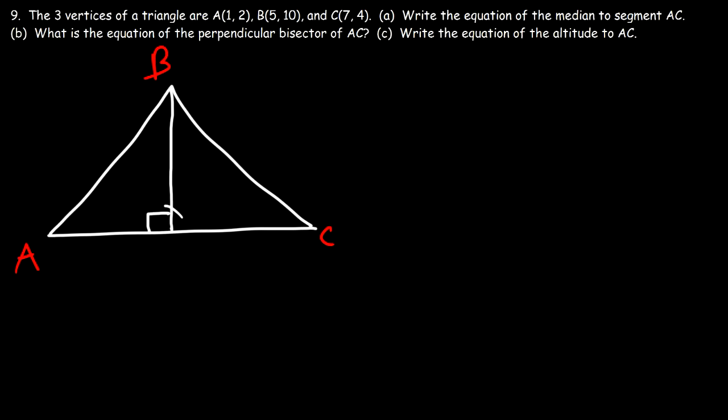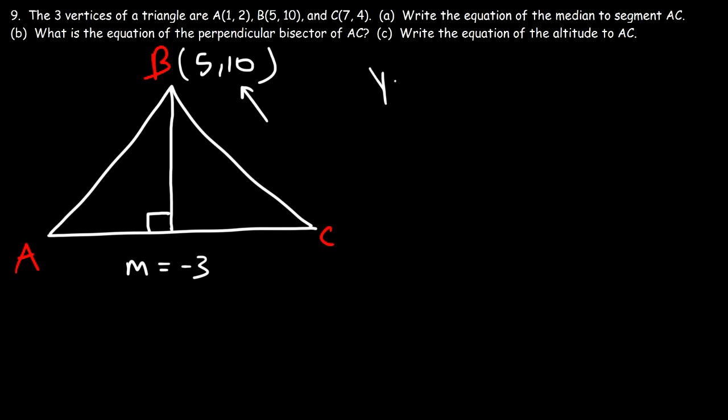So this is not going to be the midpoint anymore. So this time we need to use point B, which is 5, 10. And it's perpendicular, so the slope should be the same. The slope of the perpendicular bisector we said was negative 3, and so that's not going to change. The only difference is we have a new point.